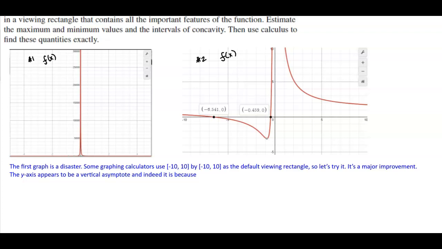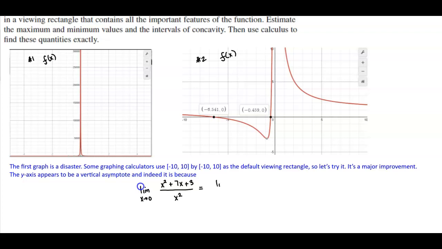So if you want to find the limit as x is approaching 0 of x squared plus 7x plus 3 over x squared. Okay, so what do we get?